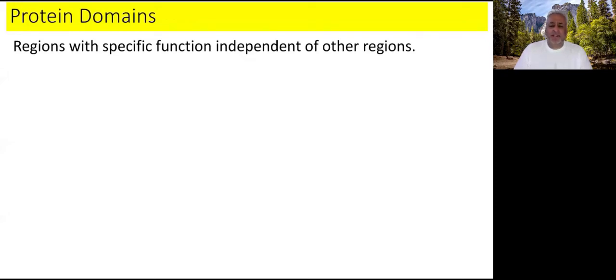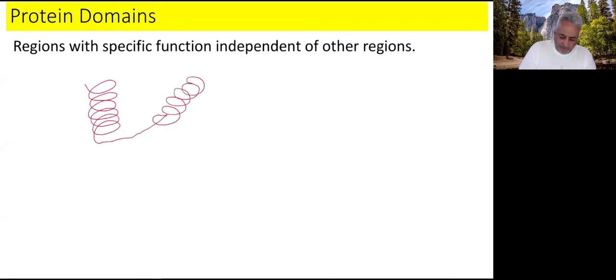Let's turn our attention now and discuss protein domains. Let's assume that we have a polypeptide that has folded into an alpha helix, and that's connected to another alpha helix, and that's connected to a beta sheet.